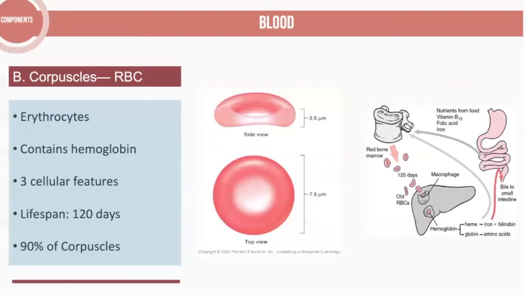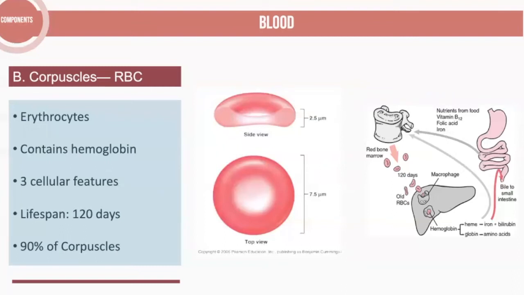So the globin will be further broken down to its component amino acids, and these amino acids will be reused in the synthesis of new proteins. As for the heme component, it will be further broken down into iron and bilirubin. So the iron here will be brought back to the bone marrow to nourish hemopoietic tissues in the bone marrow.